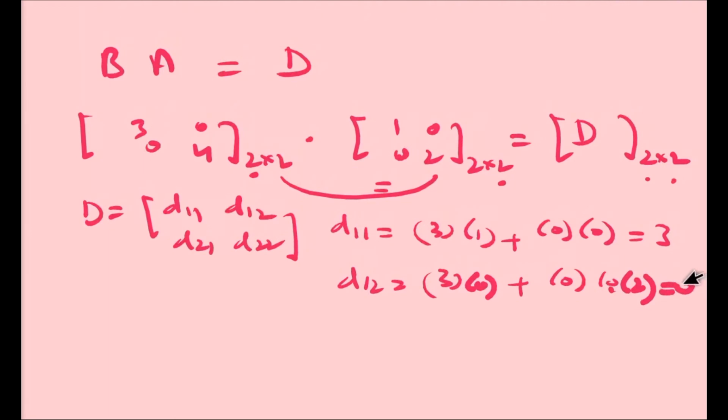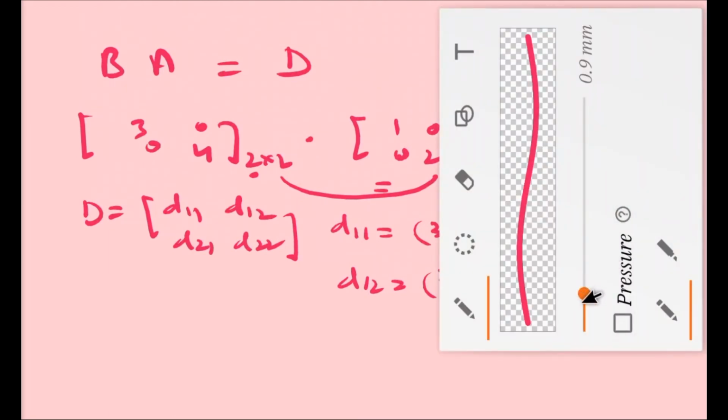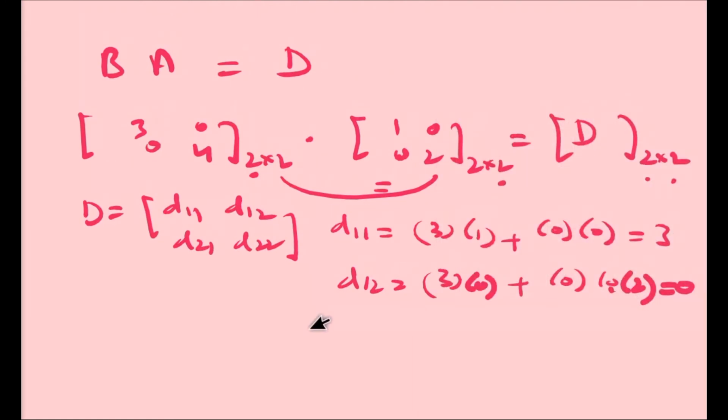Now it is equal to 0. So now we can take the 21 second row 04 multiplied by first column 1 and 0.